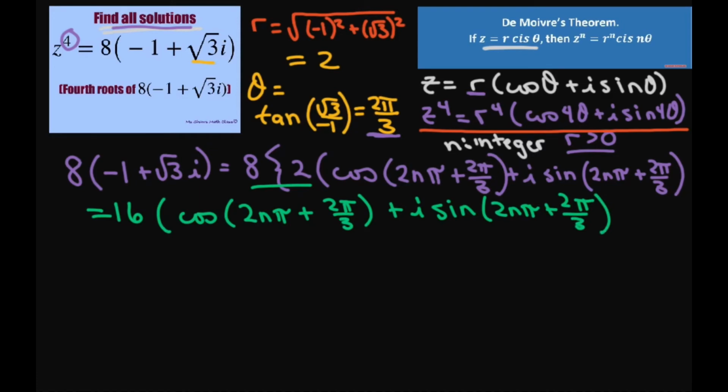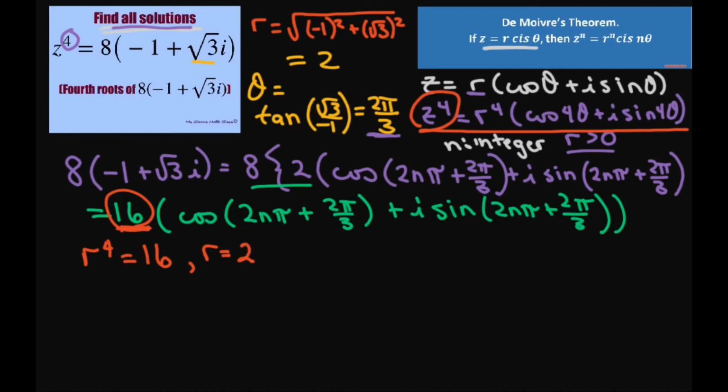Now, looking at this, we have r to the power of 4 equals 16, because this is what we're trying to match back to this one. So that means my r is 2, which is positive, so that's good.